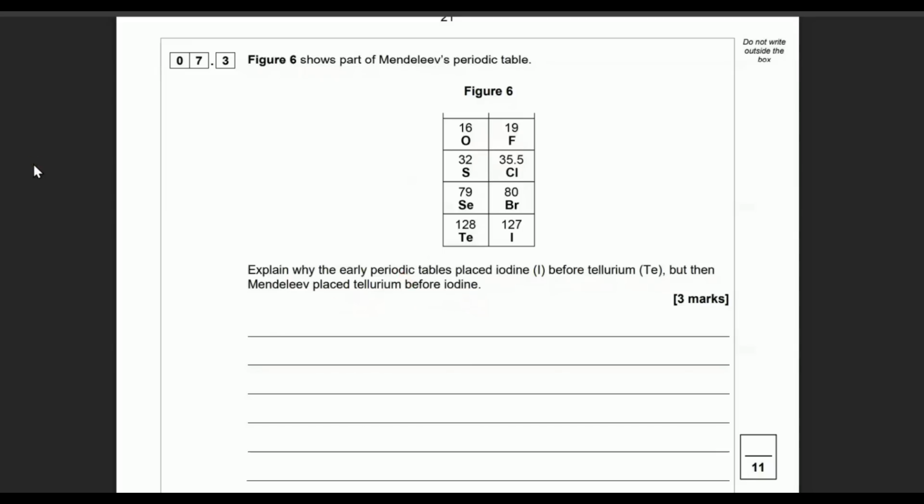Right. So, the reason why early periodic tables put I before Te, we can see why. Look at the numbers, peeps.